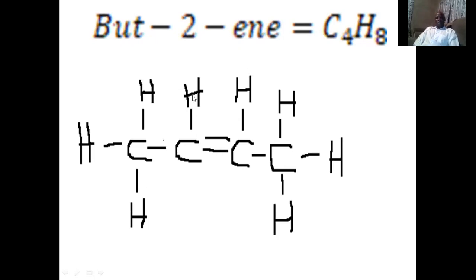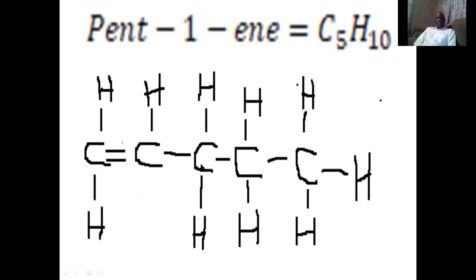These hydrogen atoms, if you want, you can write them down there, and these can be left blank. It doesn't matter as long as there are 4 bonds around each carbon atom.